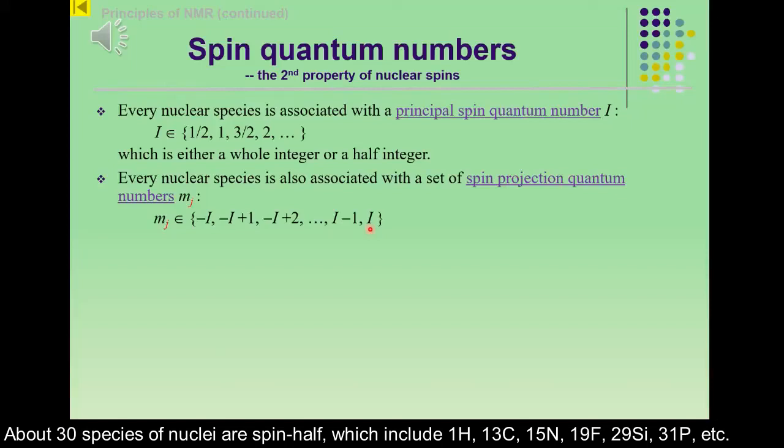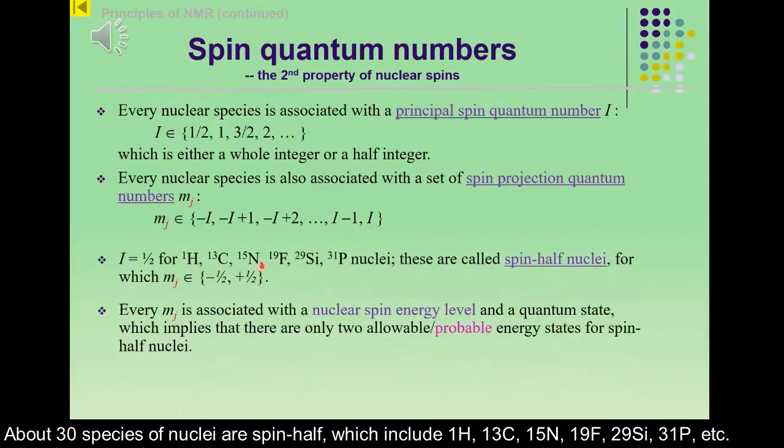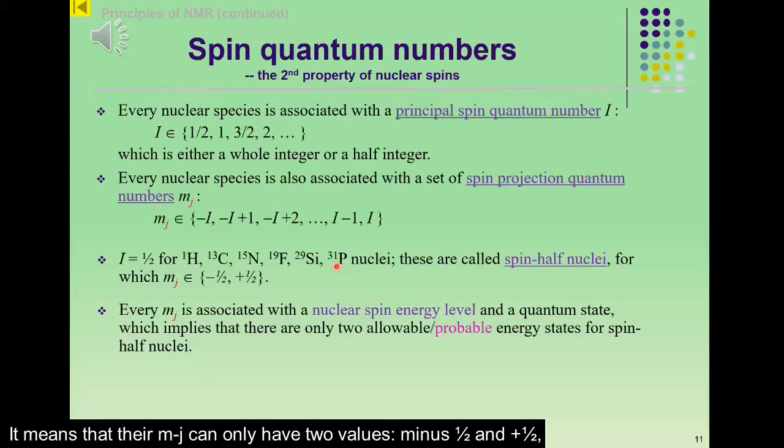About 30 species of nuclei are spin halves, which include 1H, 13C, 15N, 19F, 29 silicon, 31P, etc. It means that their MJ can only have two values, minus a half and positive a half, because minus a half plus 1 is positive half.